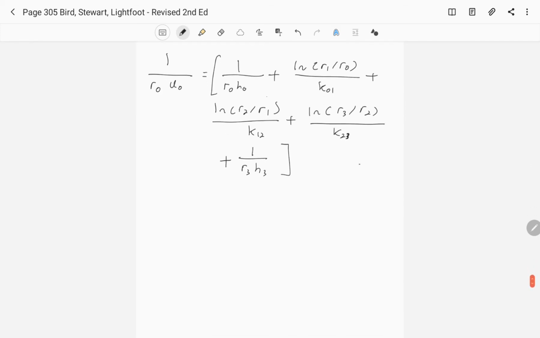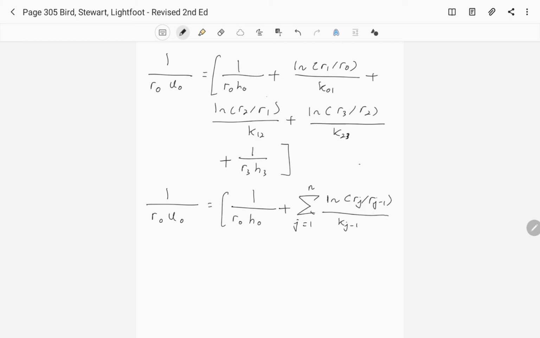Then finally we can write the generalized expression. 1 over R naught U naught will be equal to 1 divided by R naught H naught plus sigma from j equals 1 until n, where n indicates how many different cylindrical walls you have within your composite cylindrical pipes, of ln R j divided by R j minus 1, divided by K j minus 1 j, plus 1 over Rn Hn.